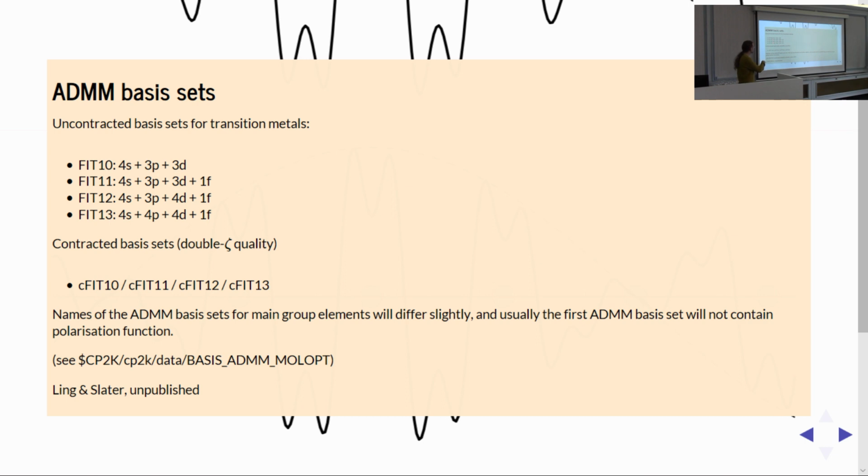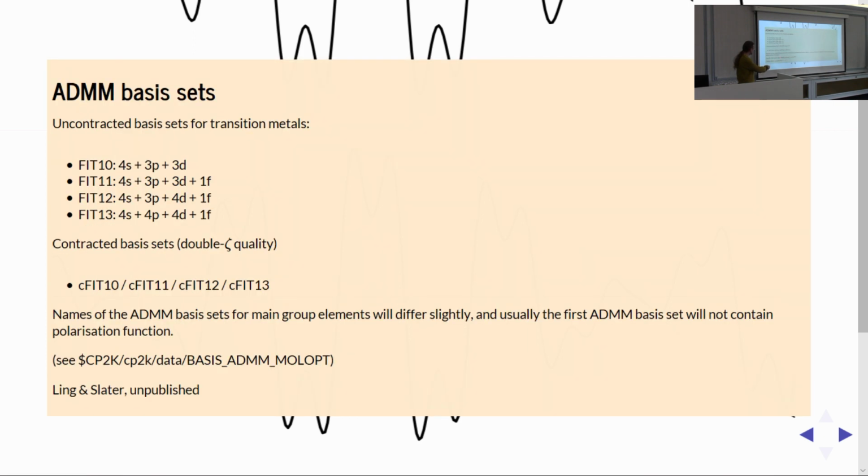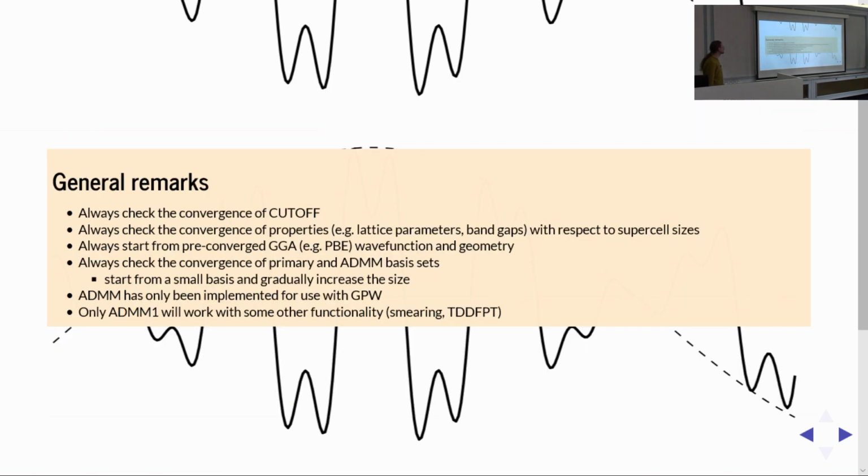But they're there. If you look inside the data, you'll find them in BASIS_ADMM and BASIS_ADMM_MOLOPT. So you should find between those two files, for most elements, an auxiliary density matrix, an auxiliary density basis set that you can use.